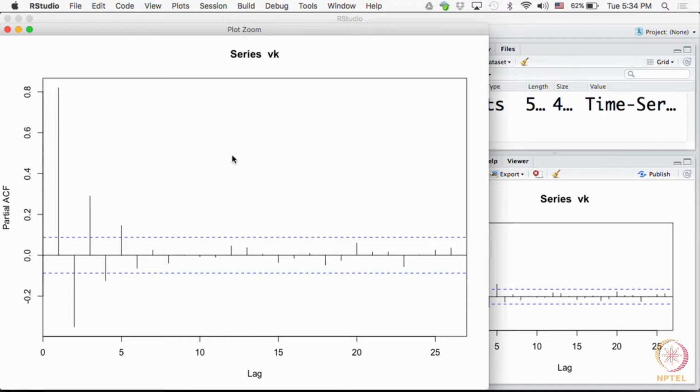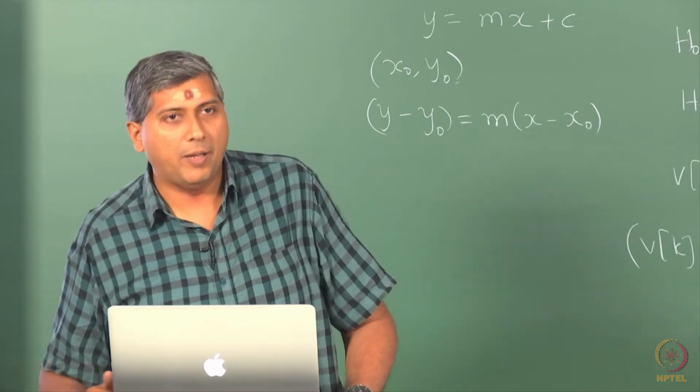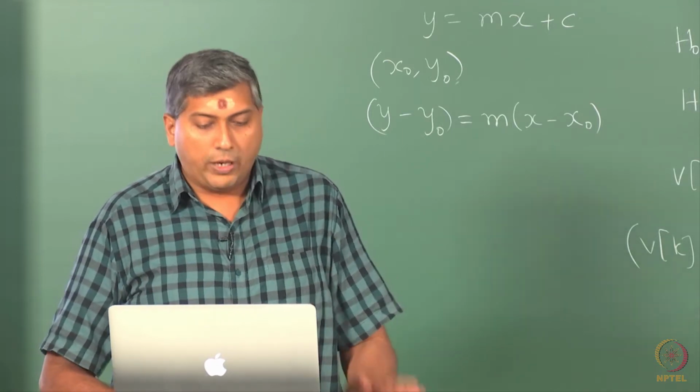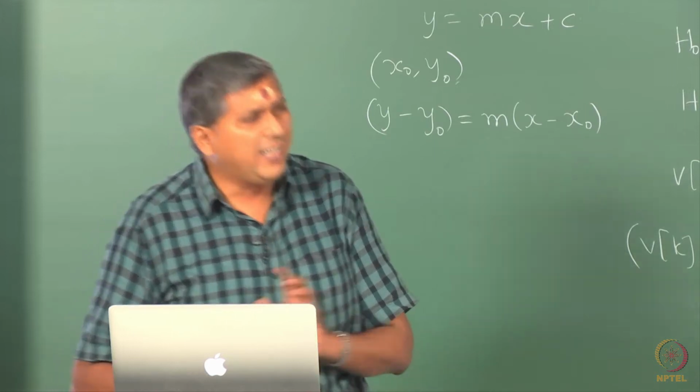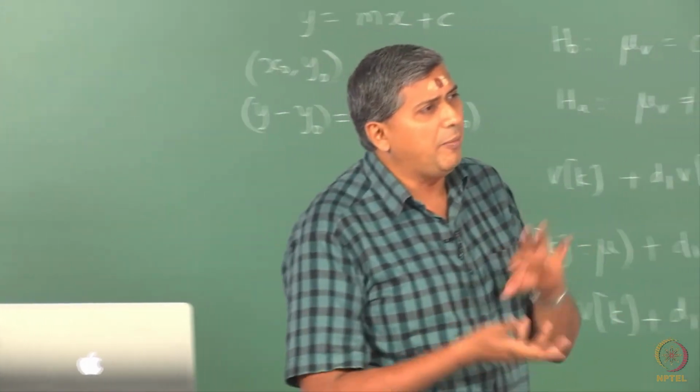In some other case, it may be that the AR model is 10th order, a 10th order AR model actually is suited to the series vis-a-vis an MA2, then you may want to pick up the MA2.